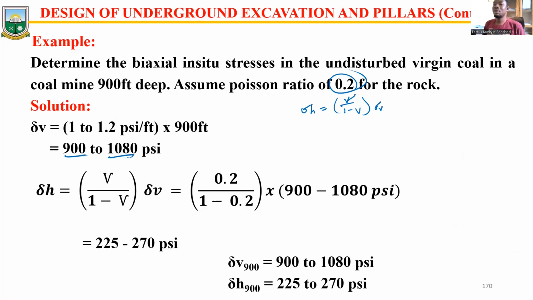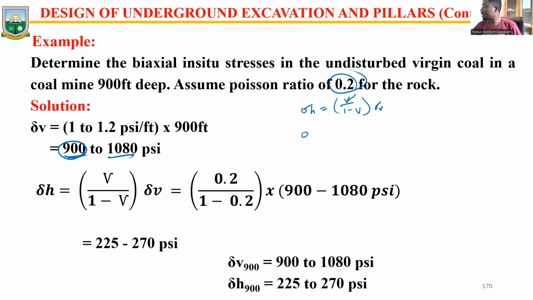And because we were not given the unit weight, we had to calculate for maximum and minimum values to get this and that. So again, if we want to calculate the horizontal stresses, we will pick the first sigma V we calculated, which was 900. Substitute it here and use the Poisson values.